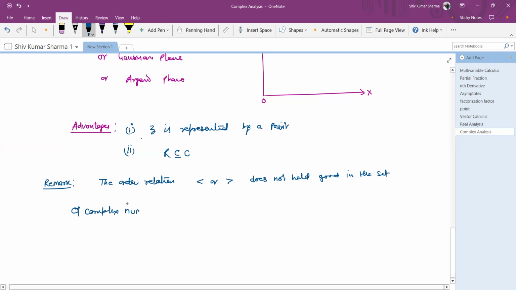So we remember this thing. For example, we cannot say that 1 plus iota is greater or less than 1 minus iota, which may be greater than or less than.